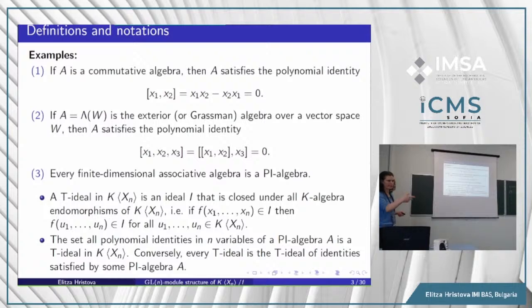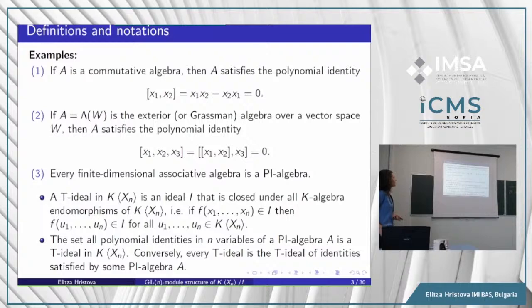And we'll give examples on the next slide. Why do we need the notion of T-ideal? Because if we take the set of all polynomial identities of a PI algebra A in n variables or less, then we get a T-ideal in K⟨x_1, ..., x_n⟩. And conversely, every T-ideal is actually the T-ideal of identities satisfied by some PI algebra. So that's why we need the notion. T-ideals are some special ideals inside K⟨x_1, ..., x_n⟩.